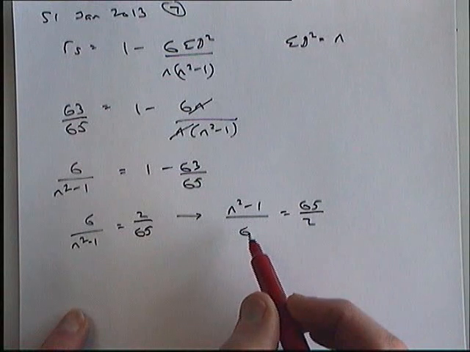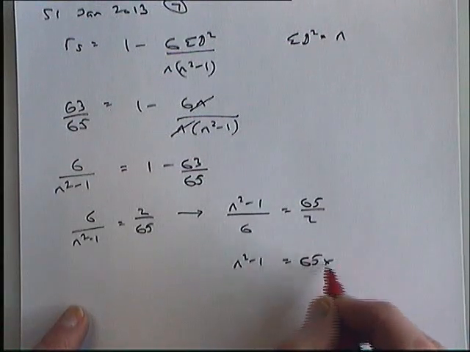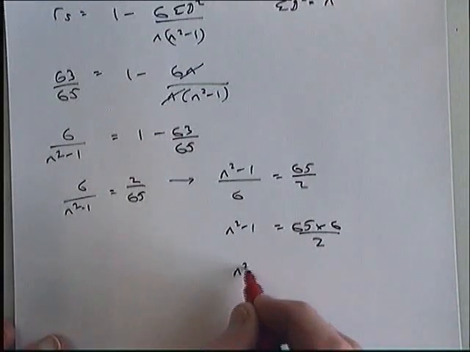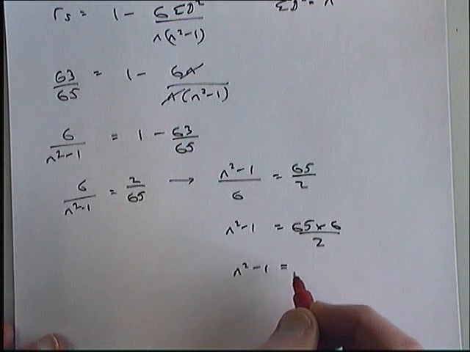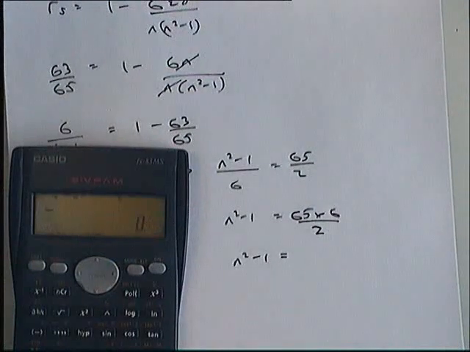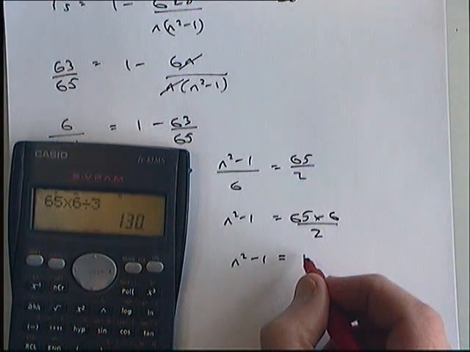Then I've moved this 6, it's dividing 6 here. I'll take that up to the other side where it's timesing by 6. And you work out the n squared minus 1, if you do this, is, I think it's 195. I'll just check that one a minute. 65 times 6 divided by 2, sorry, 130.